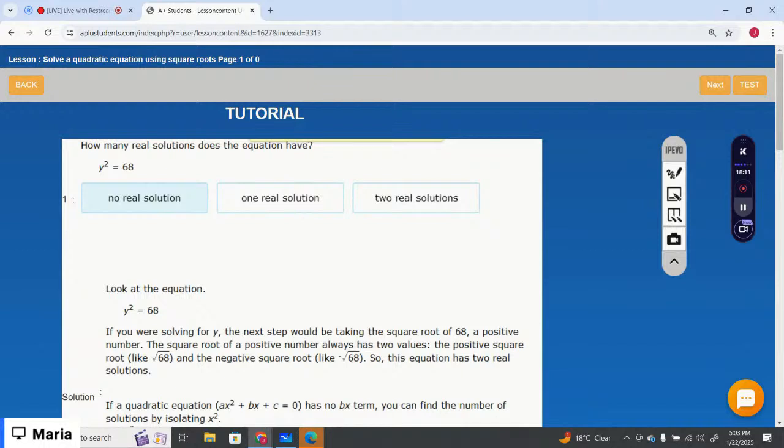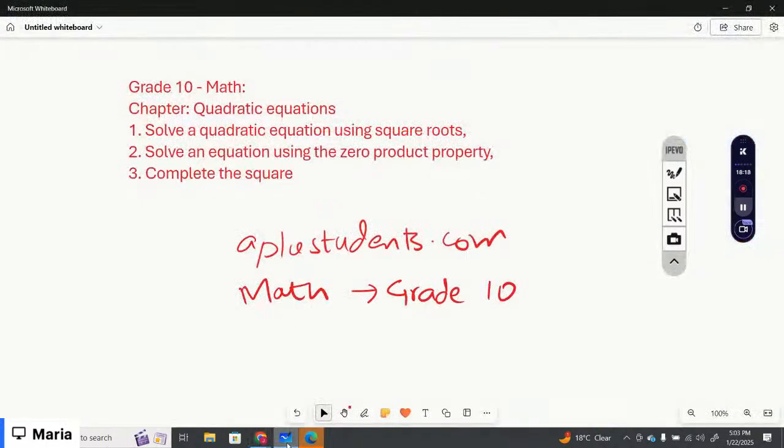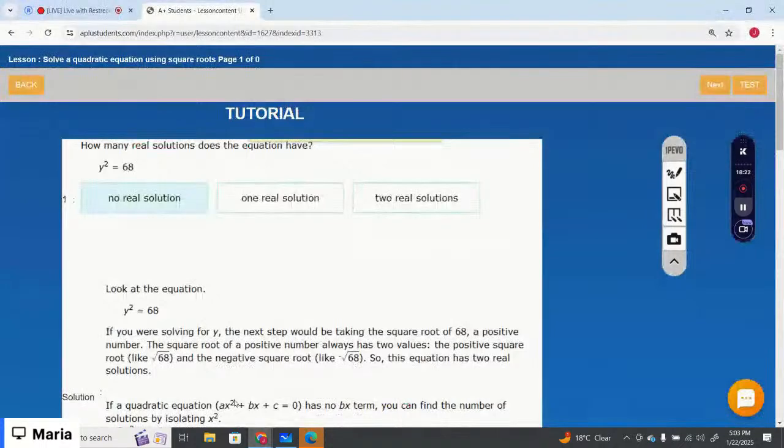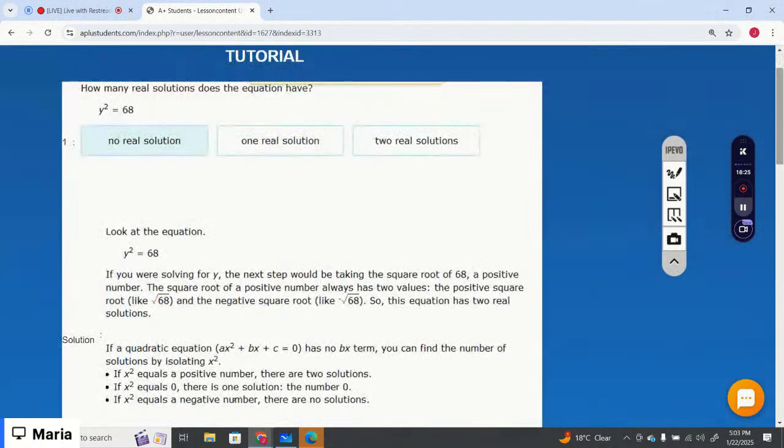How many real solutions does the equation have? So you have to find how many solutions does the equation have.